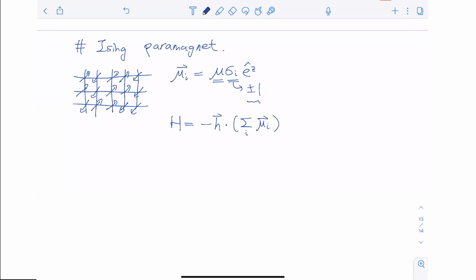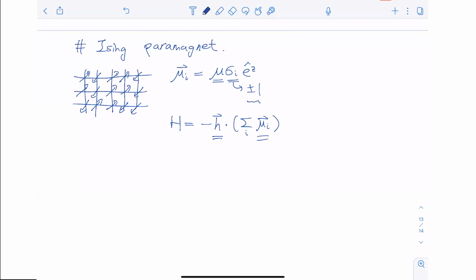This is simply the Zeeman term that you have learned in electromagnetism: you apply a magnetic field, and the magnetic moment will try to align with the magnetic field. So you have an external field applied to all the little magnets in your system, and they are trying to align with the field. Okay. So here we are assuming that there's no interaction between these little moments. That's why it is called the paramagnet.